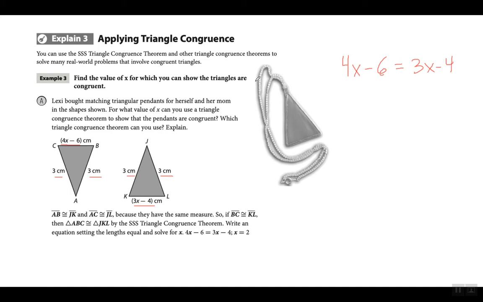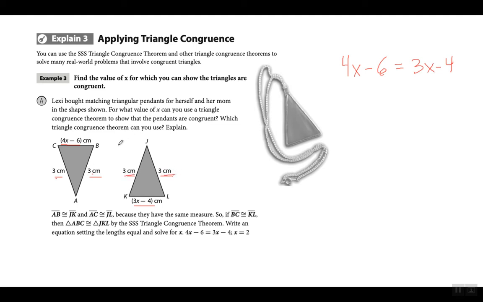Let me say that in Spanish real quick. Okay, la pregunta es, encuentren el valor de x para cual se puede enseñar que los dos triángulos son congruentes. Ok, solamente nos dieron información para los tres lados en cada triángulo. Este lado y este lado son congruentes a este lado y este lado.